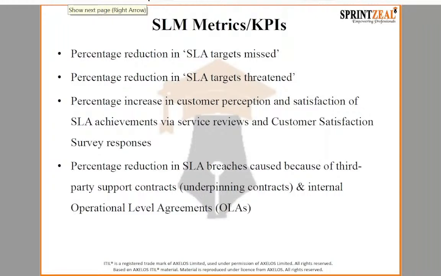And lastly, percentage reduction in SLA breaches caused because of third-party support contracts, which we were just talking about, right? With the middleware. So maybe we missed an SLA or breached an agreement because of an underpinning contract or an OLA, which sometimes happens. So these are some of the metrics that you could measure in regards to service level management.